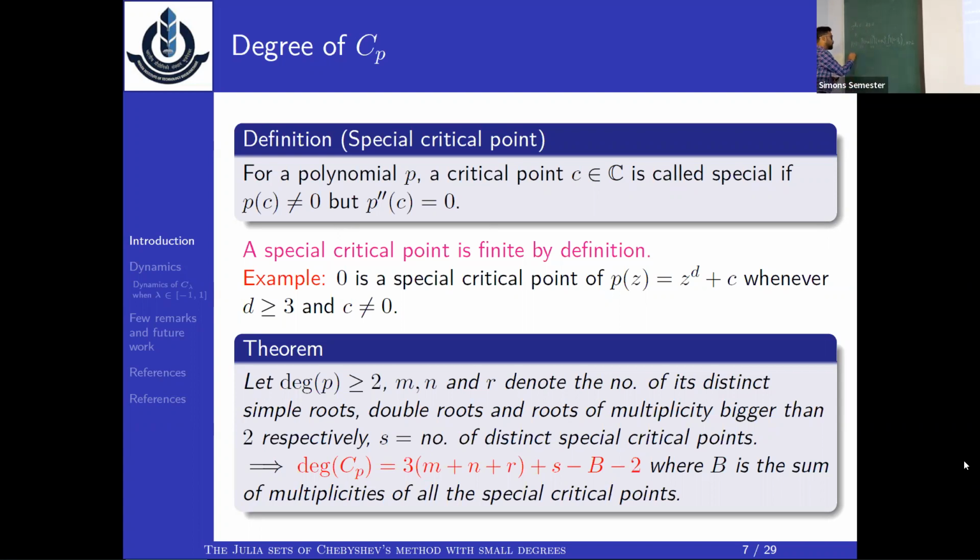Also assume that P has s number of special critical points, then the degree of C_P is defined as this: 3 into m plus n plus r plus s minus b minus 2, where b is the total sum of the multiplicities of the special critical points.